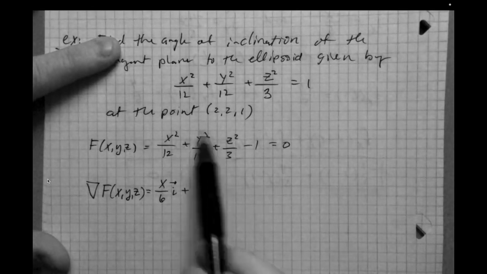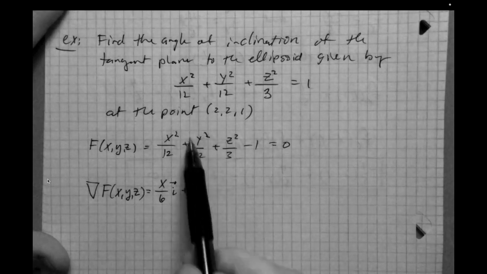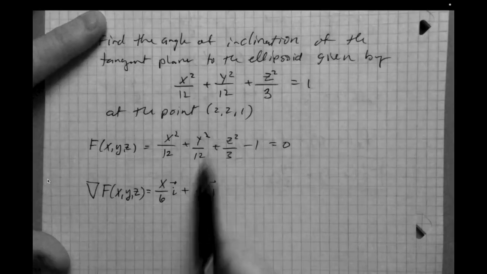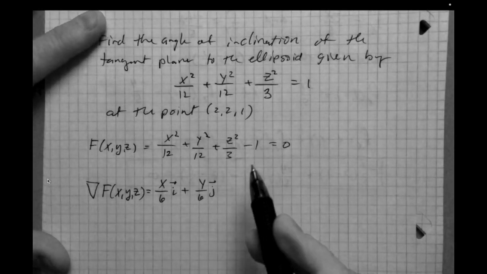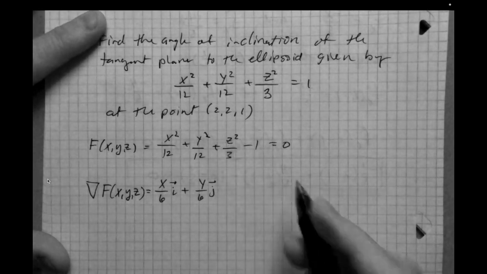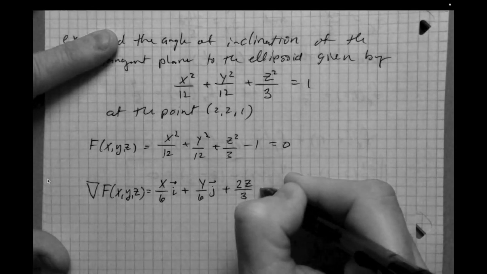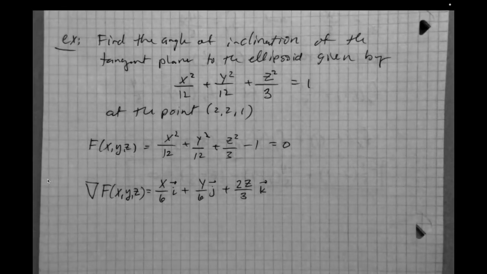And the partial derivative with respect to y is going to be y over 6. And the partial derivative with respect to z will be 2z over 3. Okay, so there's the gradient.